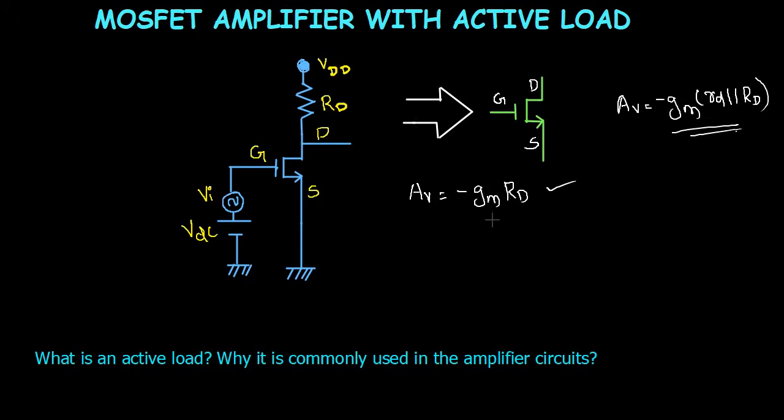Here we are neglecting the effect of channel length modulation, that is, we assume that the output resistance of the MOSFET is infinity. If we want to increase the gain of the common source amplifier, there are mainly two ways.